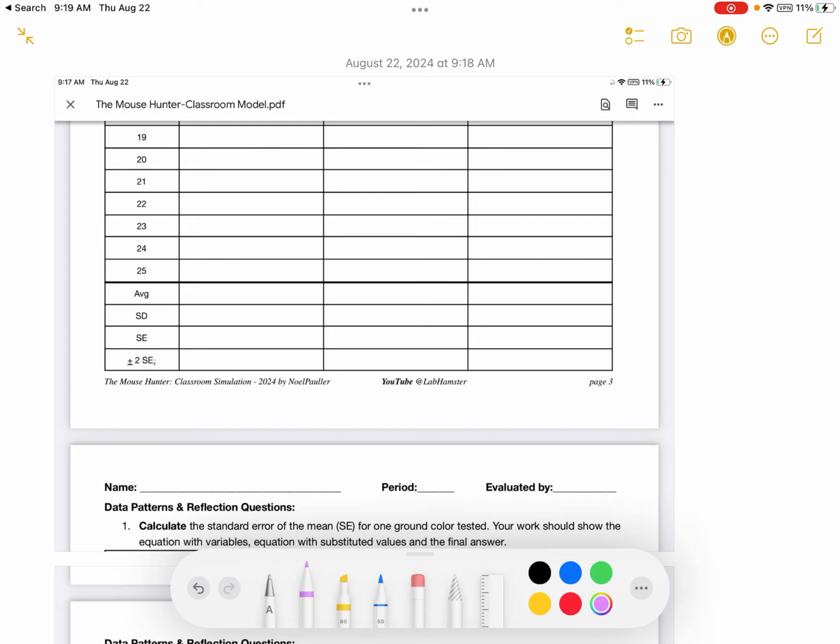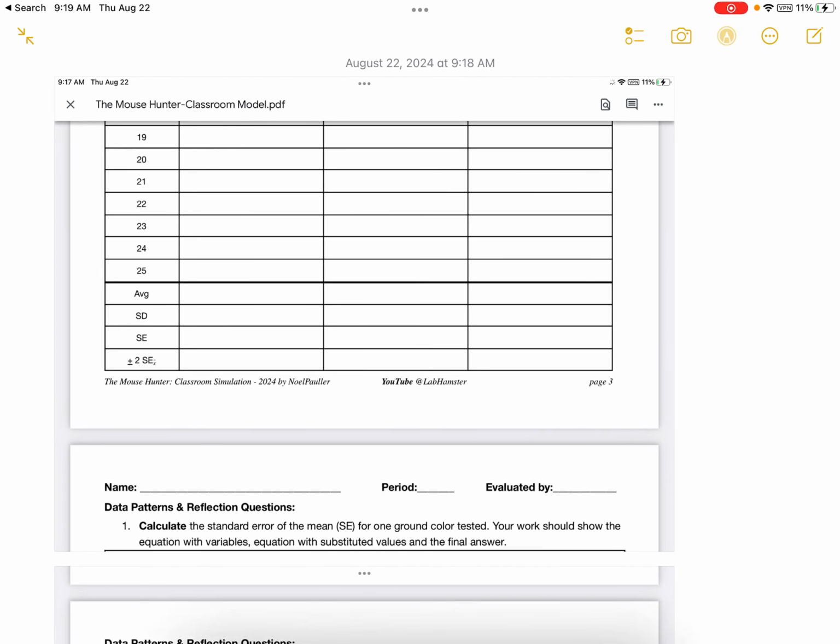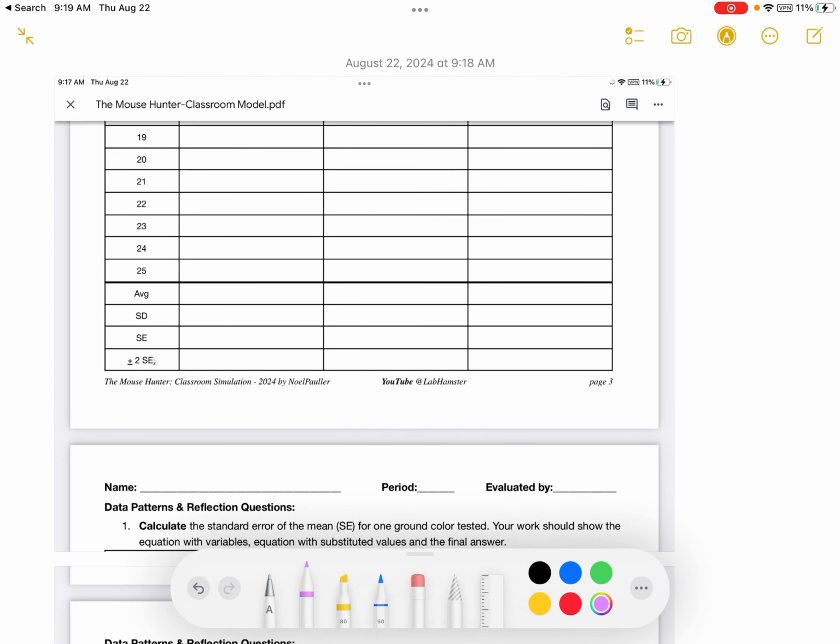So I'm going to fake a little bit of it here just to give us something to use to show how to do this. So the first one, whoopsie, here we go. Let's go with this one right here.